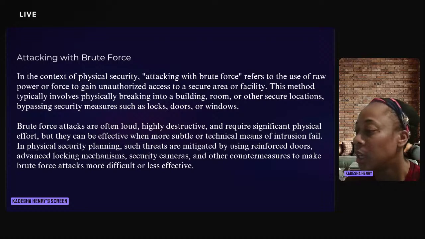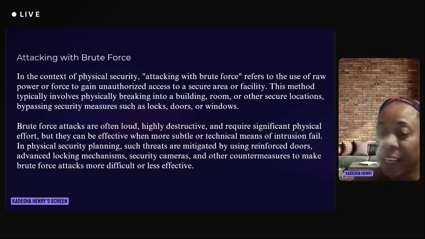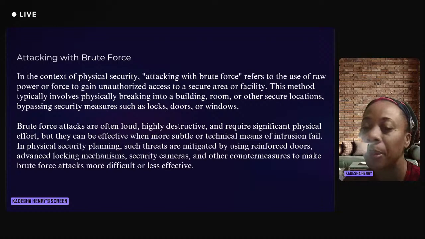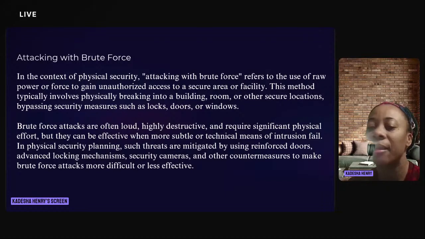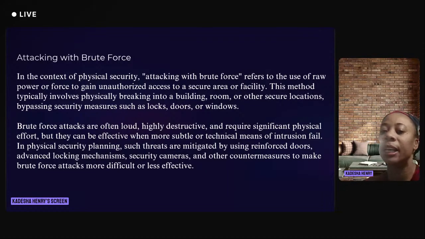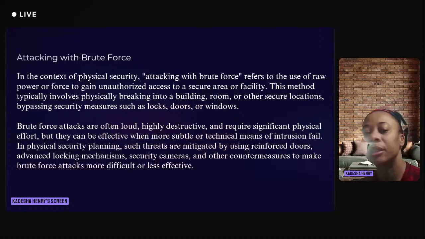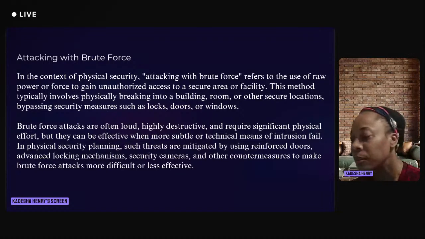Sometimes you may have security and a gate, or they may vandalize the gate, or they may threaten the security or start a fight with the security, using manpower to get access into the facility. This method typically involves physically breaking into a building, a room, or other secure location, bypassing security measures such as locks, doors and windows.